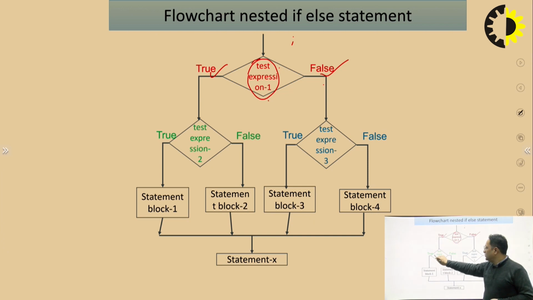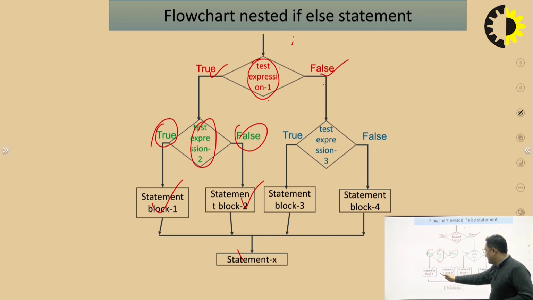If it is true, then again a new condition is getting executed within this true block, right? It can also have a result of true or false. Of course, if it is true, then something is happening. If it is false, something else is happening, and then the statements after that are getting executed. Same with the case of false.